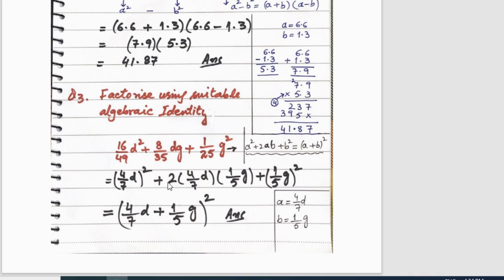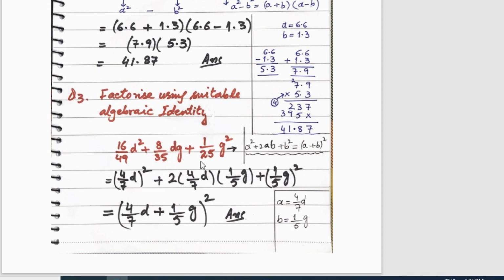Now you should check whether we are getting 8 over 35 dg back or not. When you multiply these two fractions, you will get 4 ones are 4, 7 fives are 35, and 4 twos are 8. It means 8 over 35 is present in the form of 2 into 4 over 7 into 1 over 5. dg is already present over here, and these will also be multiplied.